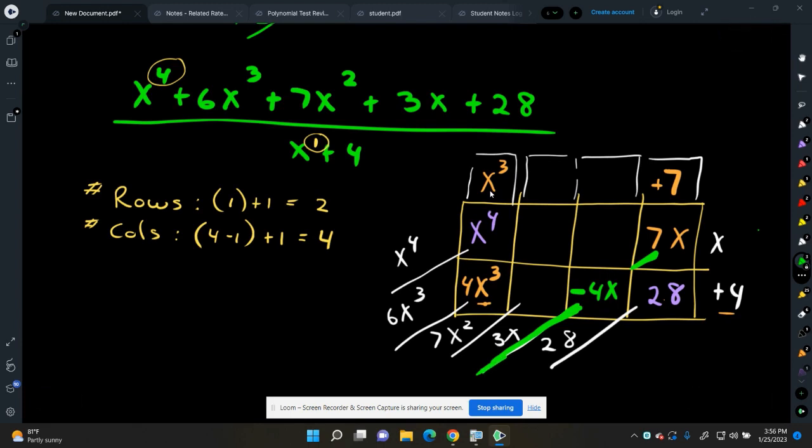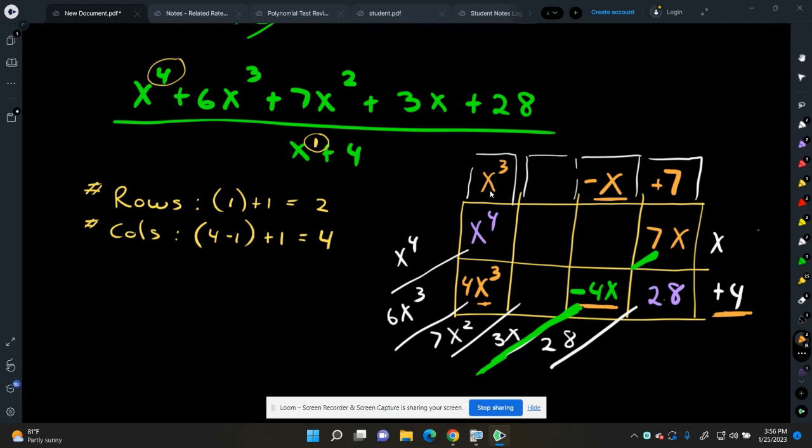Okay, what did I have to multiply the 4 by to get negative 4x? We had to multiply by negative x. Let's just check that. Negative x times 4 gives us negative 4x.